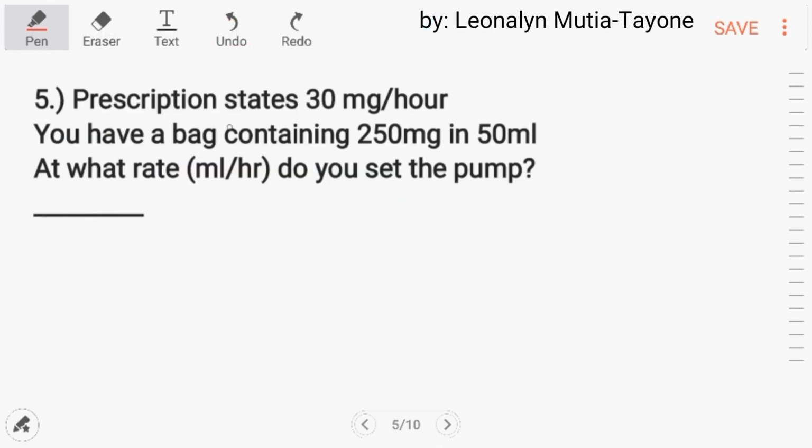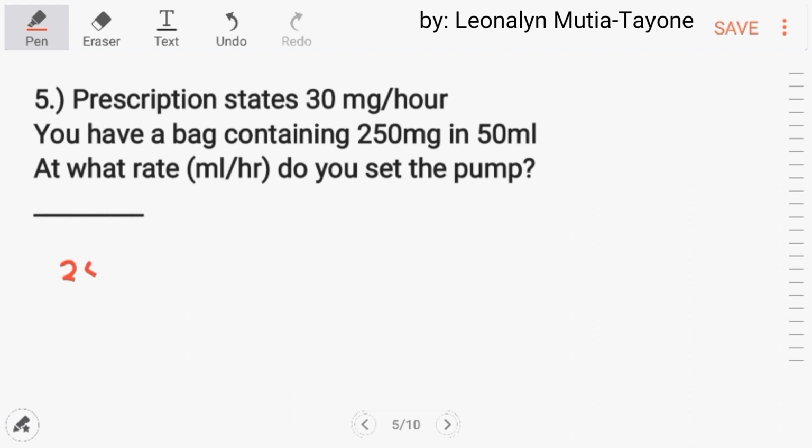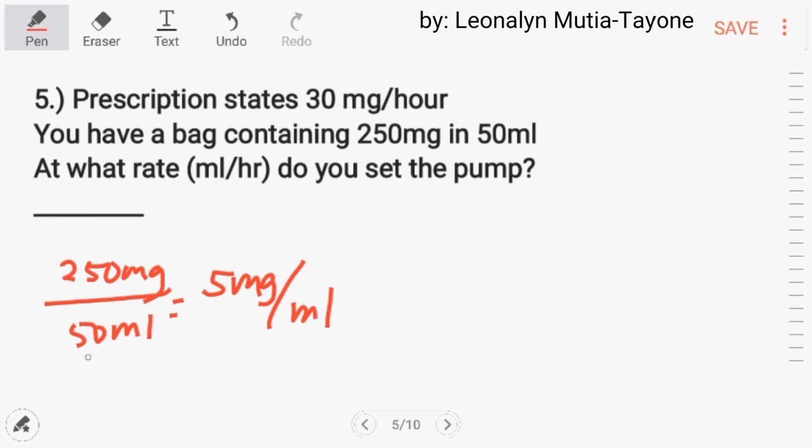Number 5. Prescription states 30 milligram per hour. You have a bag containing 250 milligram in 50 ml. At what rate, ml per hour, do you set the pump? First, we have to identify how many milligram per ml. So we have 250 milligram per 50 ml. 250 divided by 50, that is 5.